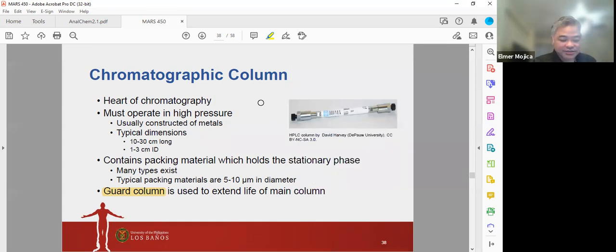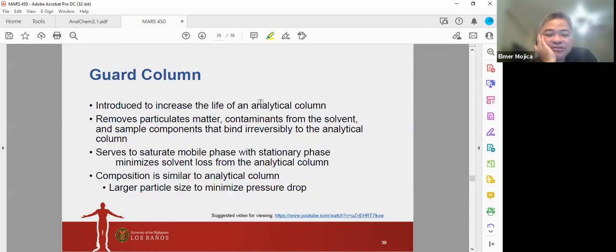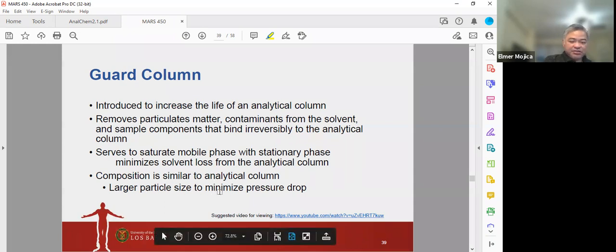The guard column is introduced to increase the life of an analytical column. It removes particulate matter, contaminants from the solvents, and sample components that bind irreversibly to the analytical column. The guard column also serves to saturate the mobile phase with stationary phase and minimizes solvent loss from the analytical column. Its composition is similar to the analytical column, with large particle size to minimize the so-called pressure drop.